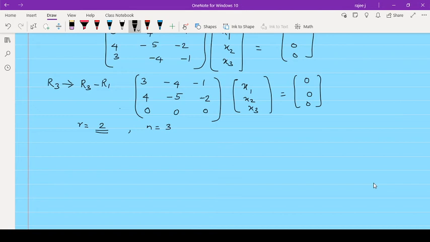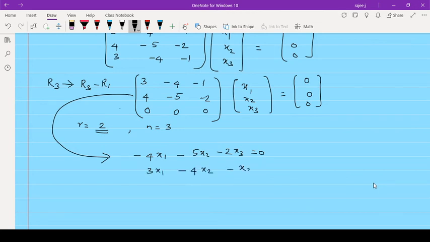From here I am going to write the equation. It is 4x1 minus 5x2 minus 2x3 equal to 0, and the other one 3x1 minus 4x2 minus x3 is equal to 0.